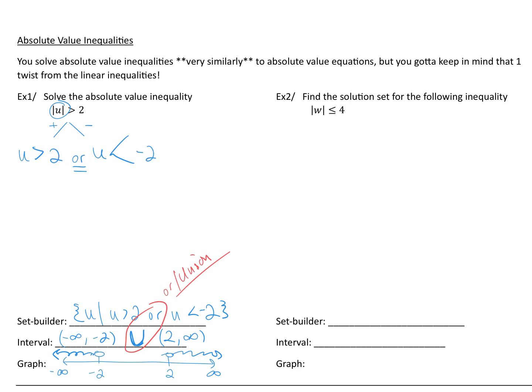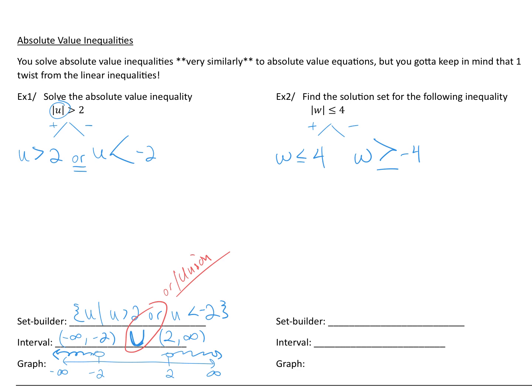Okay, with this next one, the absolute value of w is less than or equal to 4. So we can split this apart again. 1 plus, 1 minus, that goes in front of the number. But remember, for that minus one, the inequality symbol changes direction.